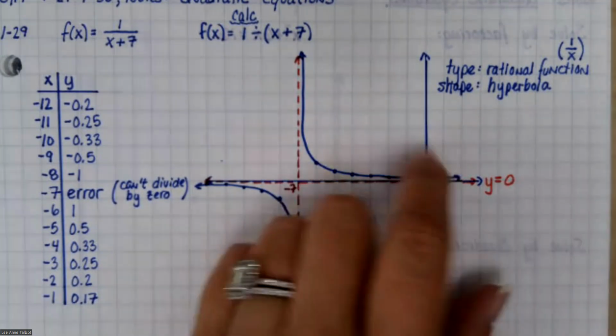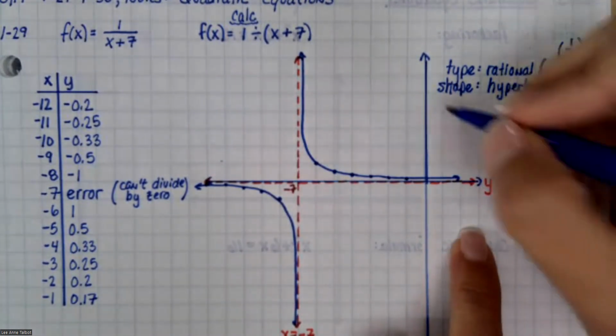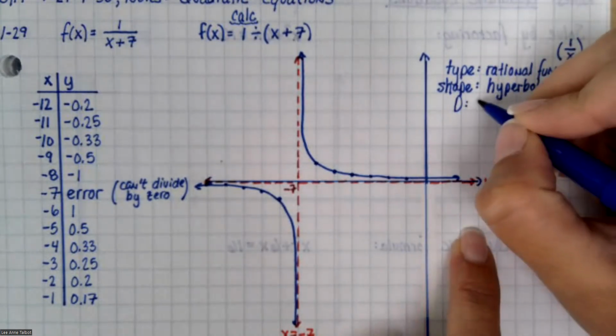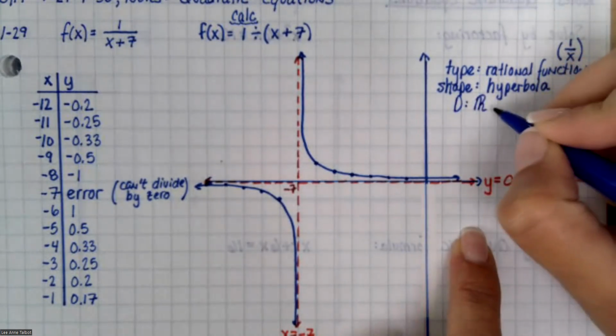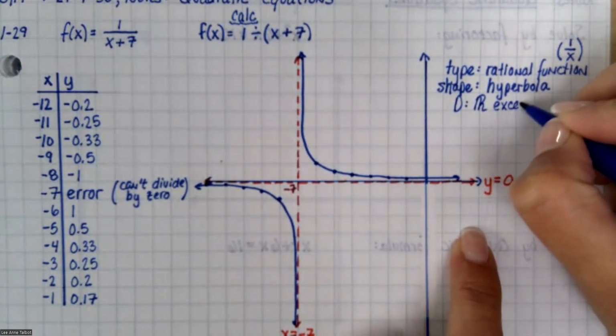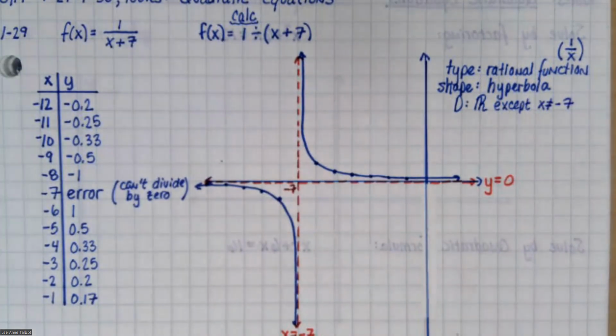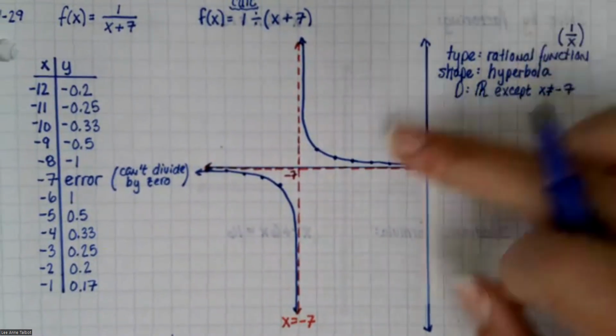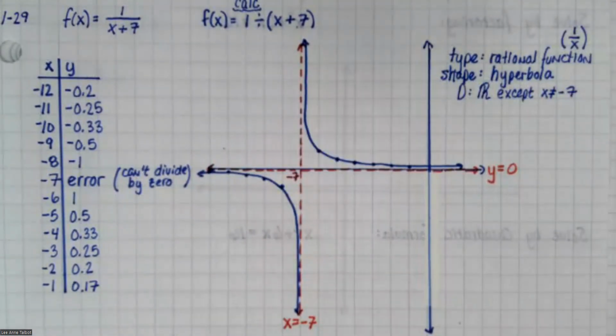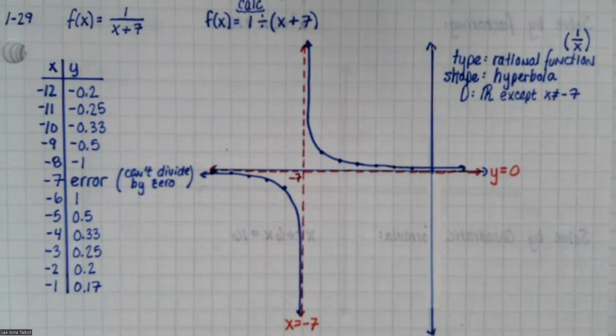Okay. I love the domain and range for these. They're my favorite. The domain is all reals except x can't be -7. Why not? Because I got this dashed line here that it can't cross. Why not?